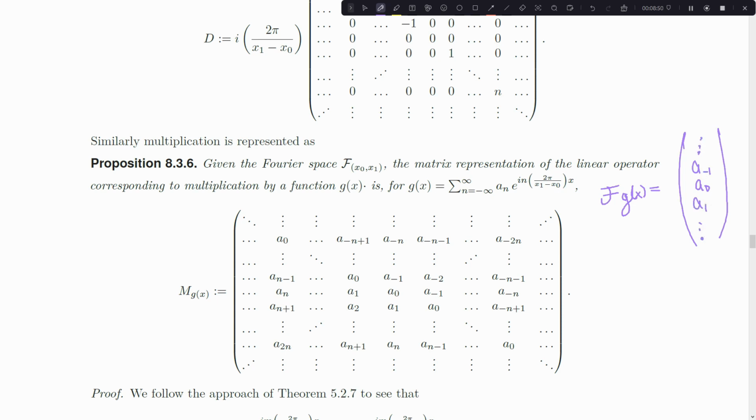And if we look at each row here, that is my Fourier series transform vector version of g, but it's been reversed. This is like g, but reversed.